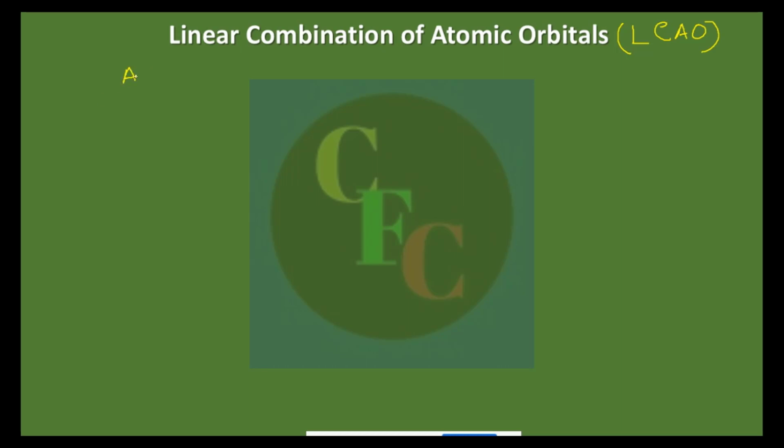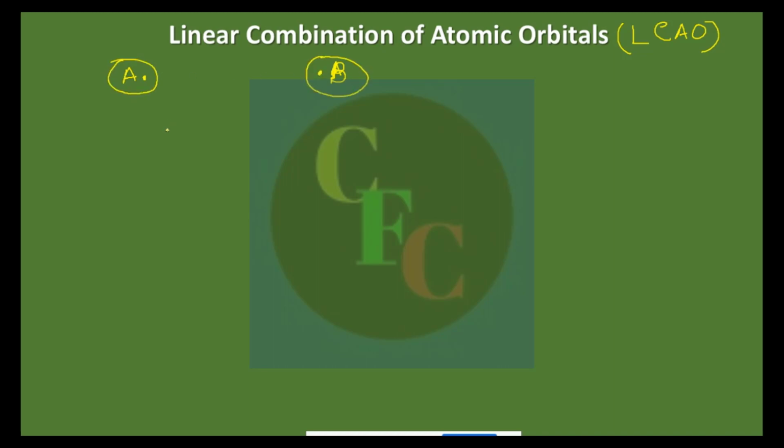Suppose we take these atoms A and B again. Suppose we have one electron present here and another electron present here, in the atomic orbitals.